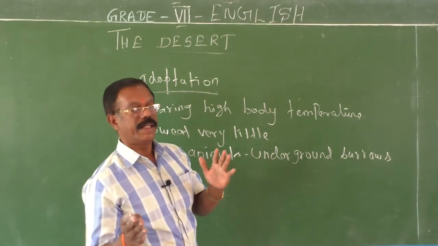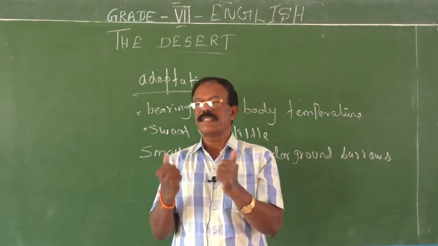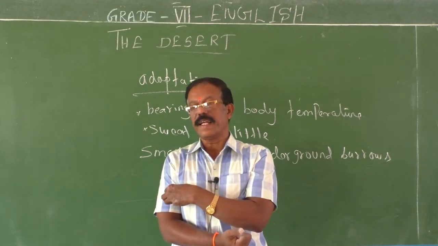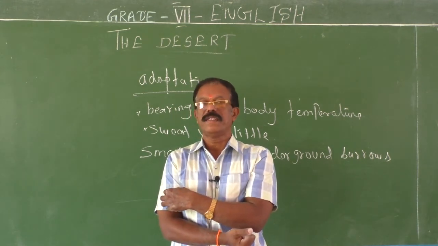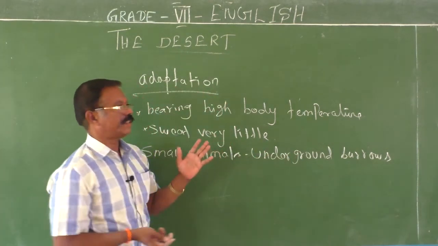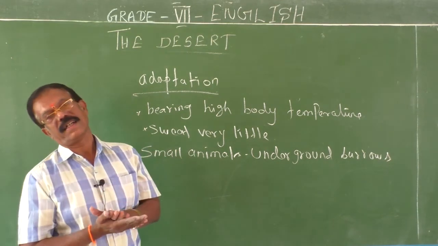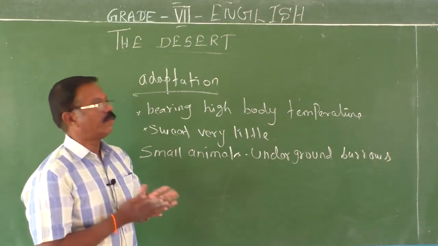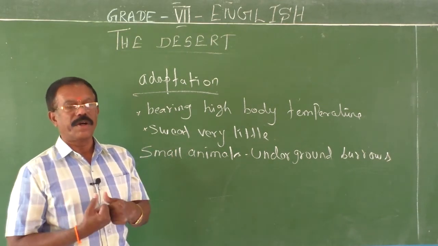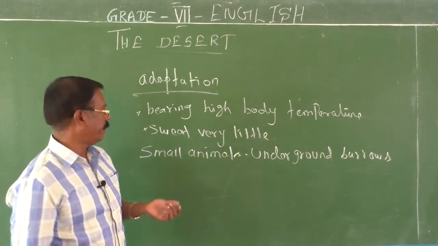Almost all the animals living in the deserts have resistance power, and the skin and other body structures have given them the power to bear high body temperature. They do not sweat very much, only very little, to prevent the evaporation of water from the body.